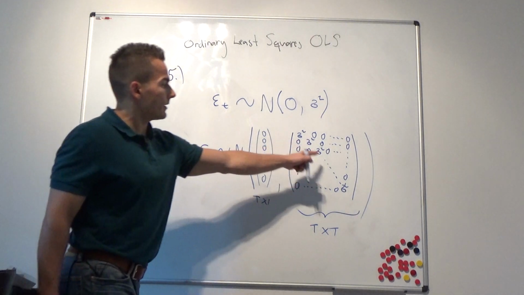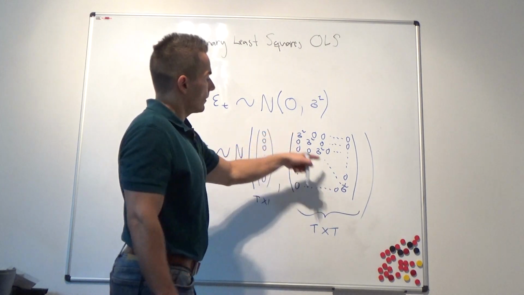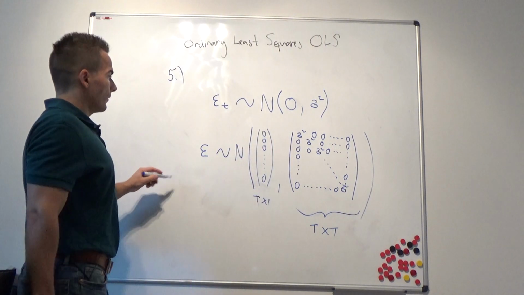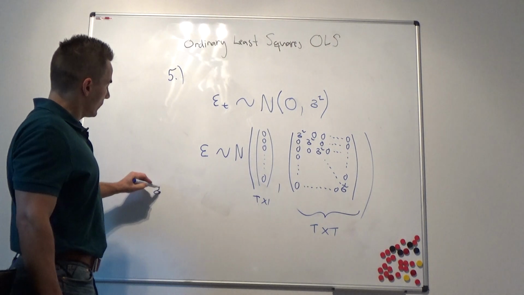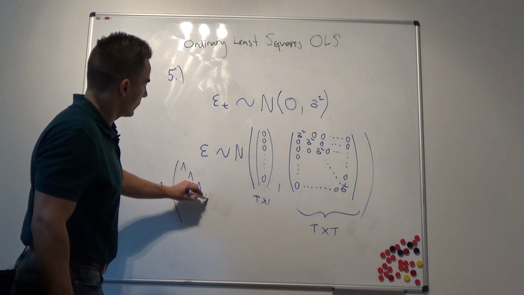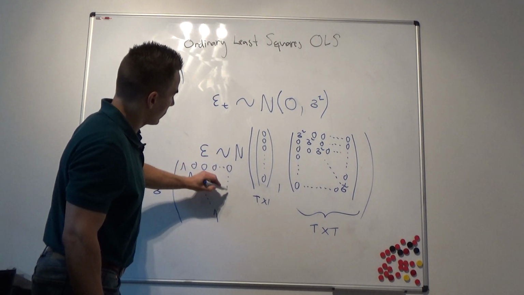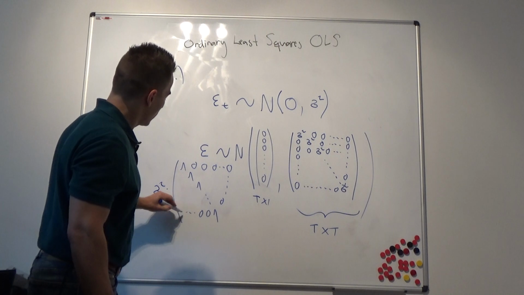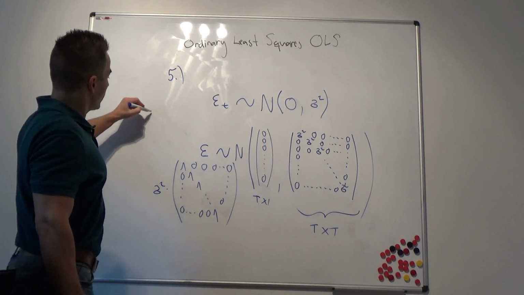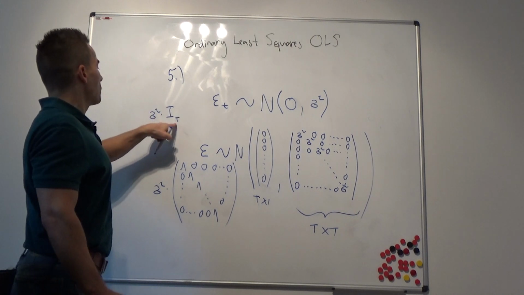Yeah. And this can of course be simplified because we have only the variances of our residuals on the main diagonal. We can write this matrix as sigma square times the identity matrix, where we have ones on the main diagonal and everywhere else zeros. So this is sigma square times the identity matrix of dimension t.